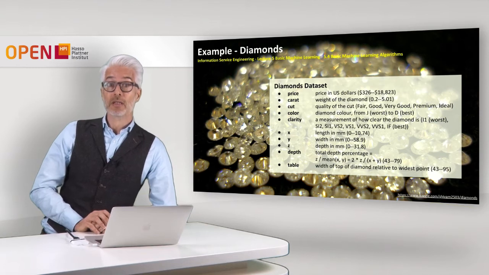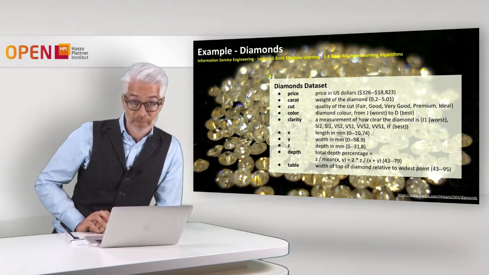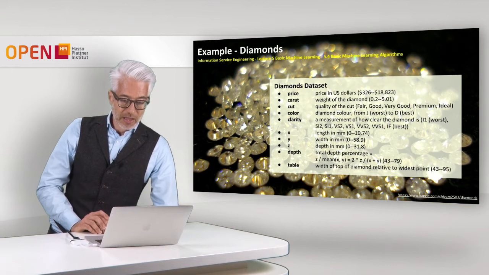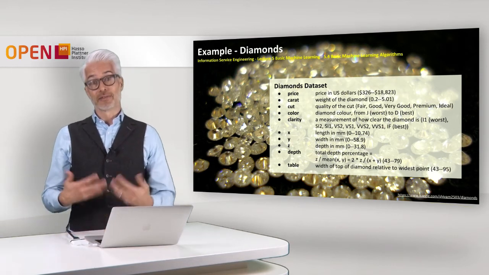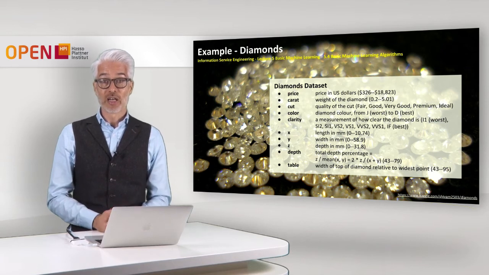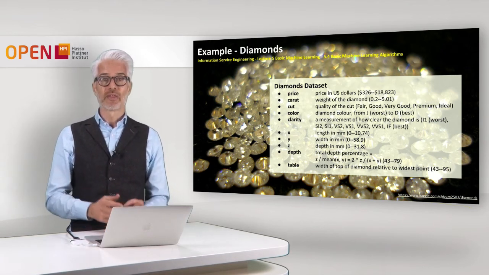Let's try now to apply this to an example. I have the following example for you, and of course you can look it up in the material for the lecture. We have data collected, not by us, we have copied the data from an interesting data collection website called Kaggle, and there is a data set with diamonds.